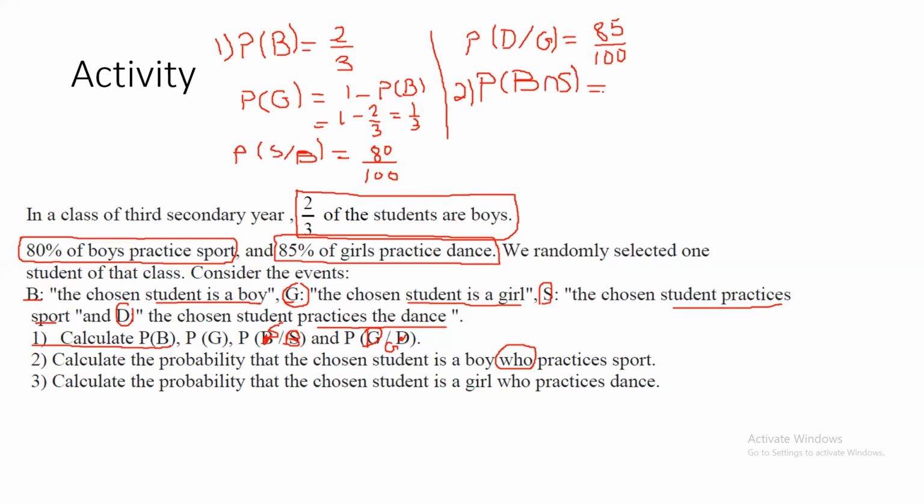Here, the probability of B intersection S, we have seen two rules. The probability of B times the probability of S given B. And we have seen another rule, the probability of S times the probability of B given S. Which one to use, the first or the second in this part?